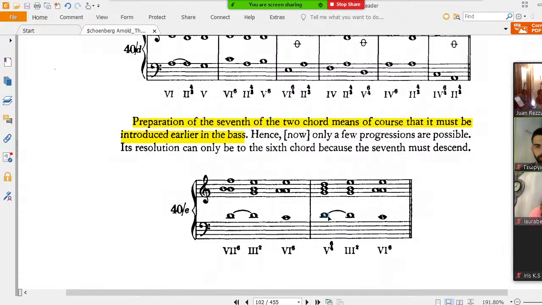The bass is doubled, as in this case, in a 6/4 chord. So please don't forget the previous rules, the basic ones. You still need to double the bass on a second inversion of the triad.